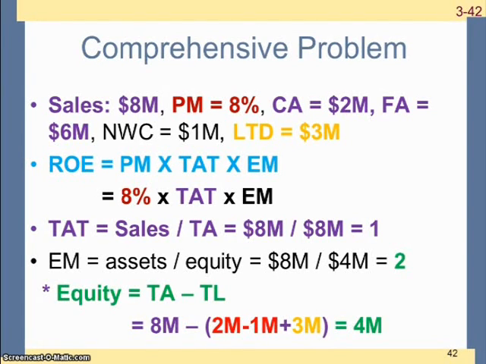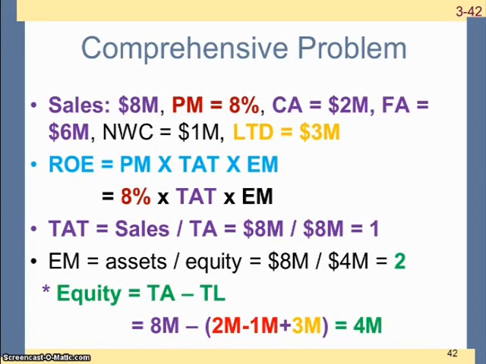It is current asset plus fixed asset, 2 million plus 6 million equals 8 million. So TAT equals 1. Next is equity multiplier. Equity multiplier equals asset divided by equity. Now there's no problem with asset as you obtained earlier. Total asset equals 8 million.